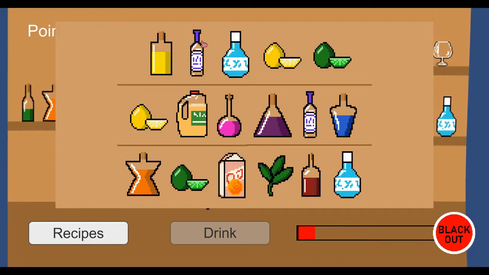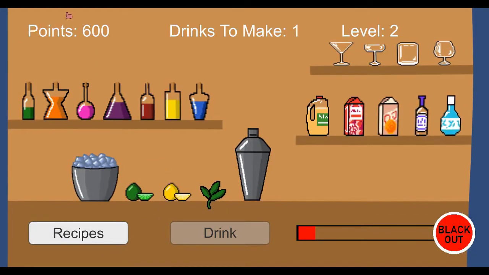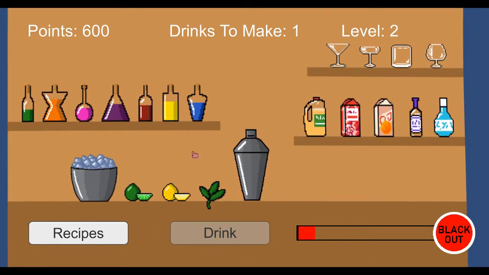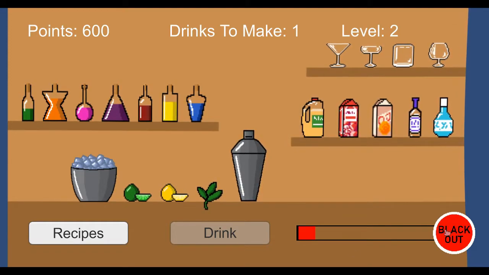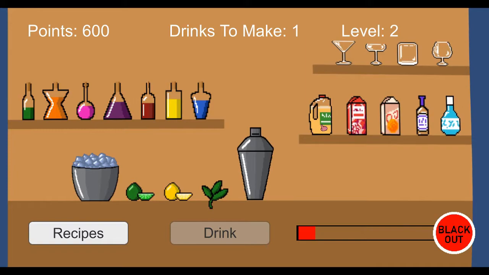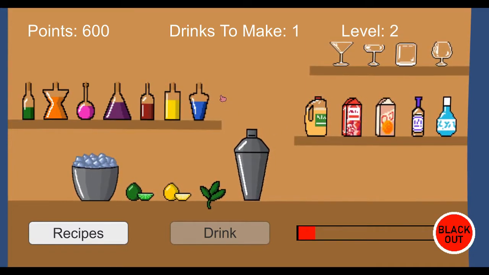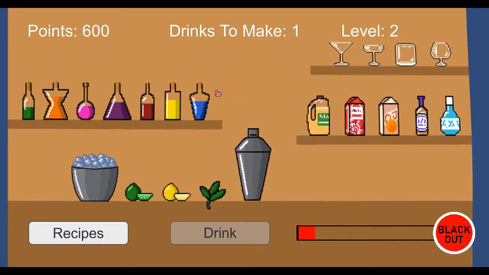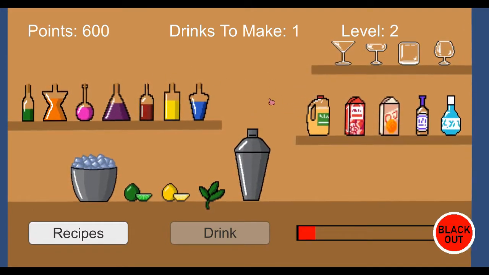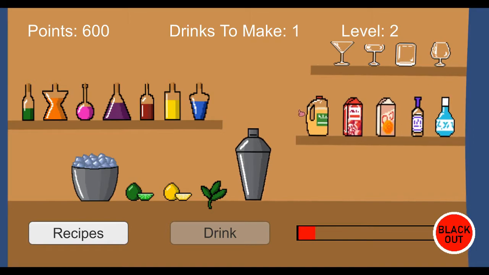They definitely have different point values, but I'm not sure how the points relate to the blackout. Should I make two really tiny drinks and then one massive drink that will bring me up to here to get me the most points? So it feels like there is scope for meaningful play, but because of maybe that lack of information design, I don't know how to engage with it.